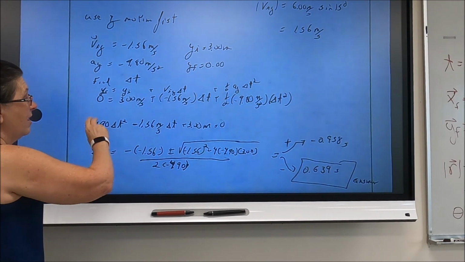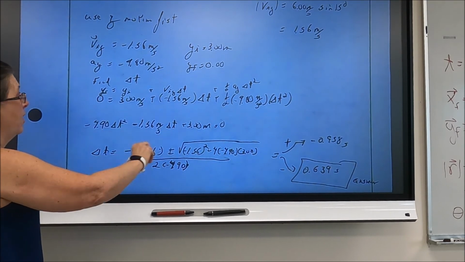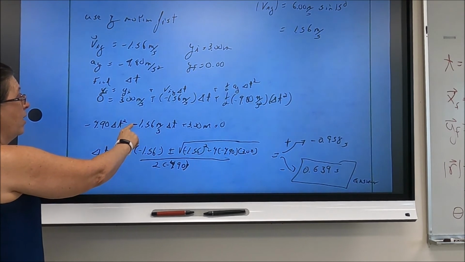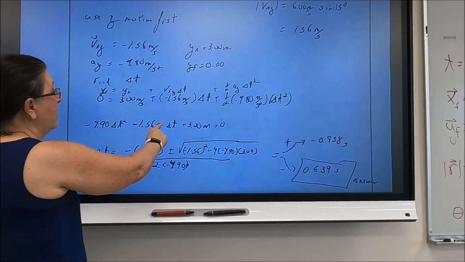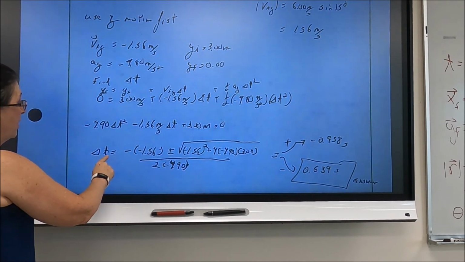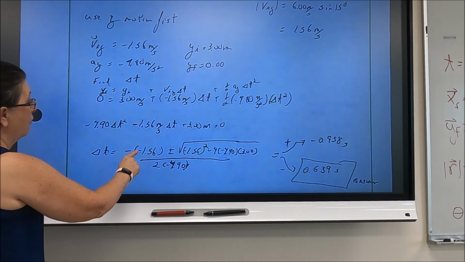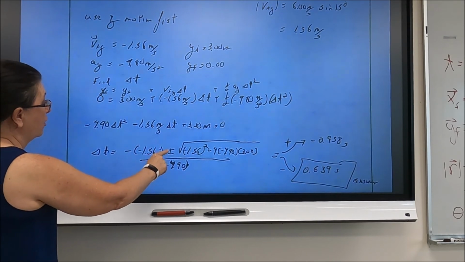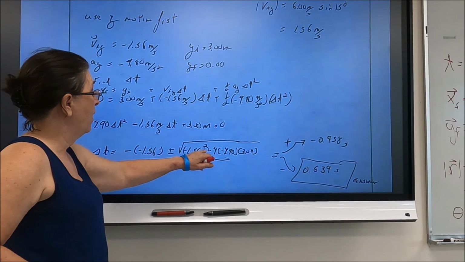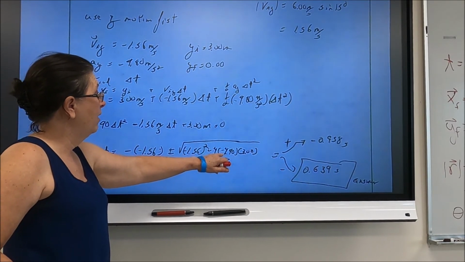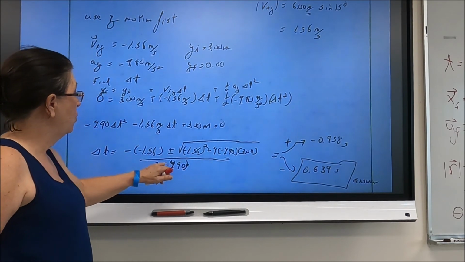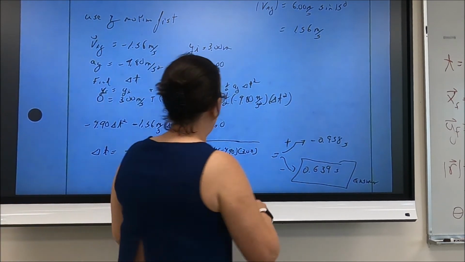If I rewrite this in ax squared plus bx plus c form, I get minus 4.90 delta t squared minus 1.56 delta t plus 3 equals 0. Now, delta t would equal the negative of minus 1.56 plus or minus the square root of minus 1.56 squared minus 4 times minus 4.90 times 3, all over 2 times minus 4.90.